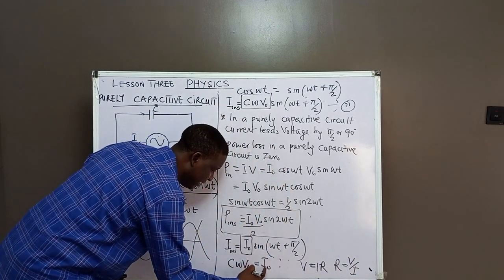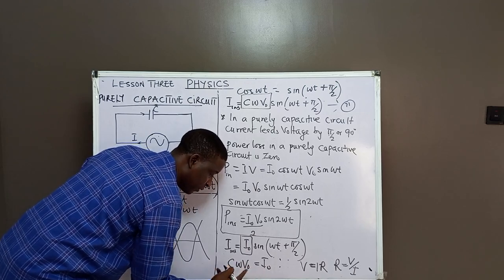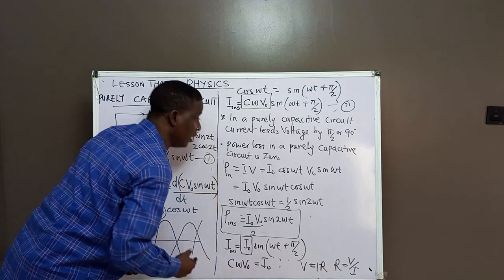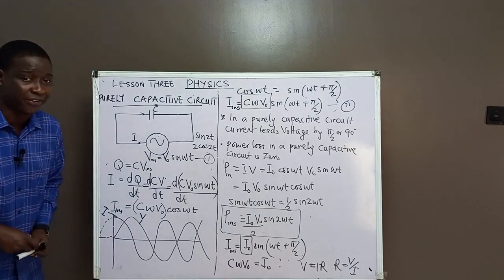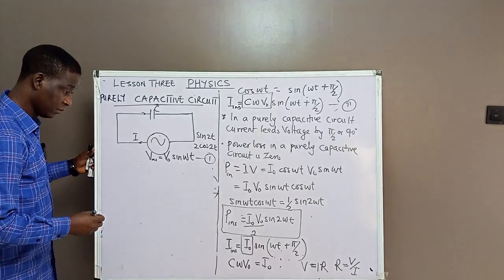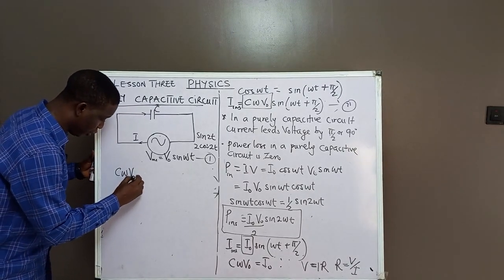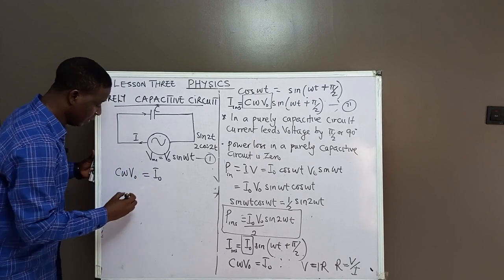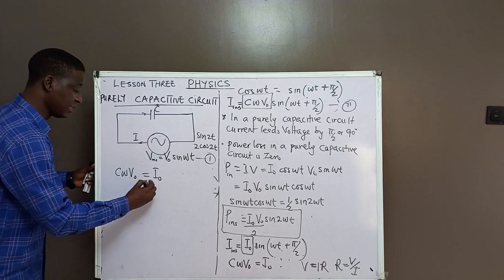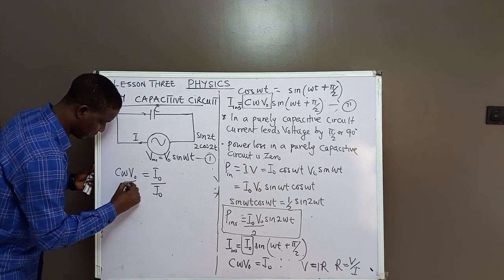So let's bring this I naught here, and let's bring Cω here. We have CωV naught equal to I naught.